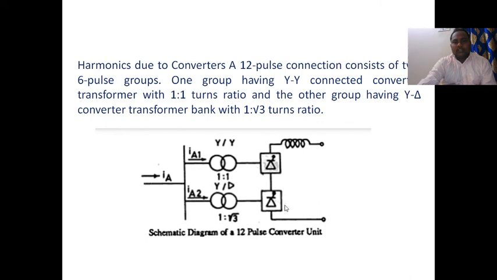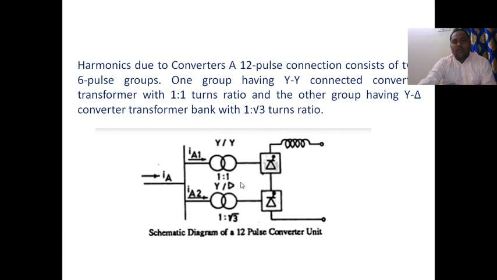This is a converter station. These are smoothing reactors. This is the overall configuration of a 12 pulse converter. The transformers must have this connection, star to star and star to delta, then only the phase shift is possible. I already told you that the purpose of the smoothing reactor is to reduce the harmonics.